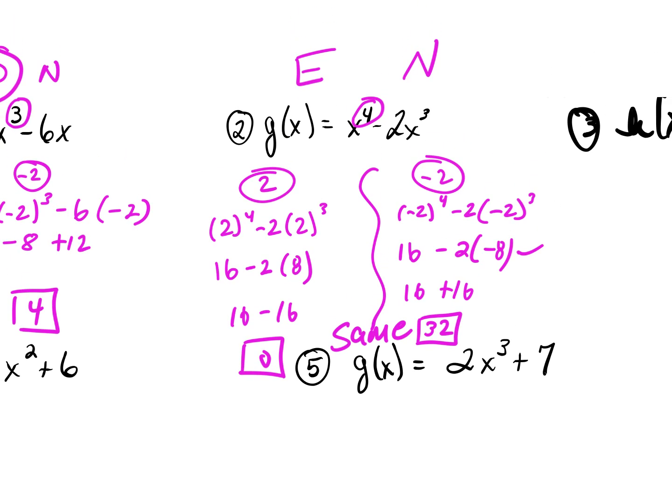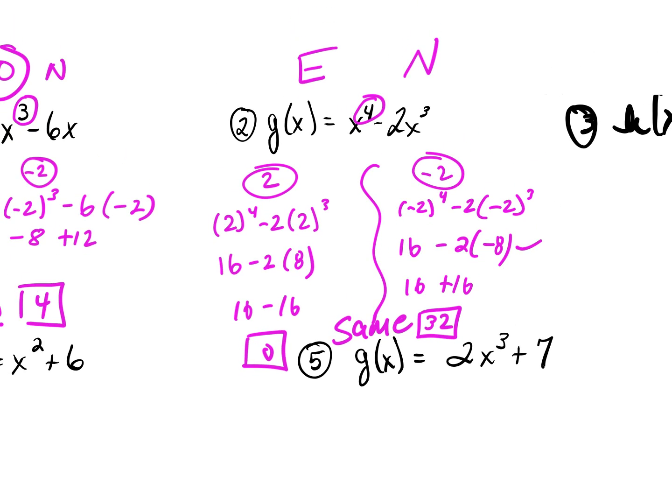If I think it's an odd function, I'm going to write the word odd. So then you don't have to go back and think, what was I looking for? Are those two numbers the same? No. So my function is what? Neither. If you used a different number to evaluate, you would have gotten two different numbers. You wouldn't have gotten 0 and 32, but you would have gotten two different numbers. Does that make sense, guys?